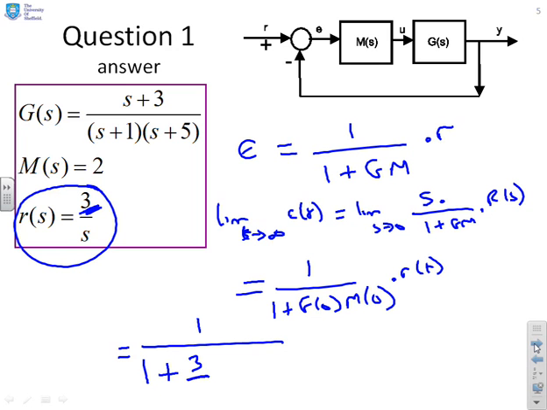It's 3 over 5. What's M of 0? It's 2. And what's R of t? It's 3. So if I multiply everything up, top and bottom, by 5, what you're going to get is 15 on top and 5 plus 6 underneath, which gives you 15 over 11, which is quite a large offset.